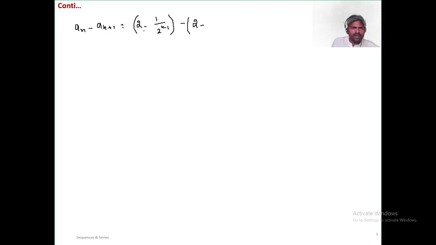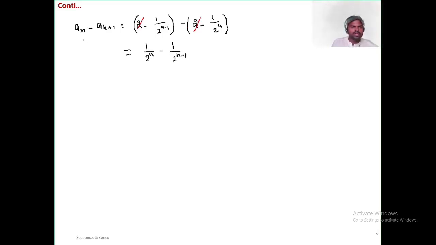2 minus, wherever there is n, you write n plus 1, 1 upon 2 raised n. Instead of n I am writing n plus 1, so minus 1 plus 1 cancel out. Now the 2 minus 2 cancel out, and what is left is 1 upon 2 raised n minus 1 upon 2 raised n minus 1.